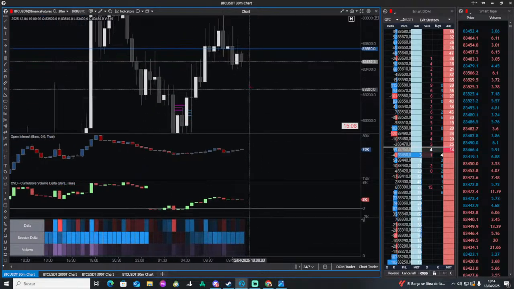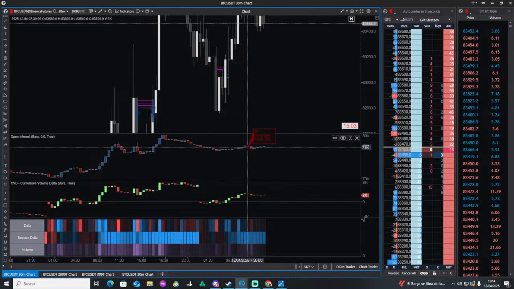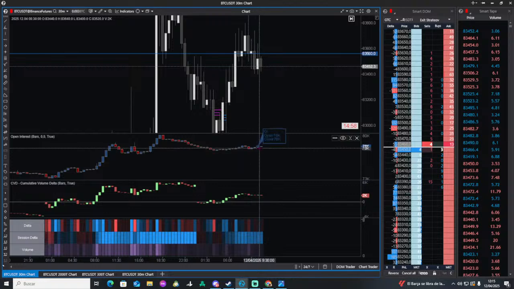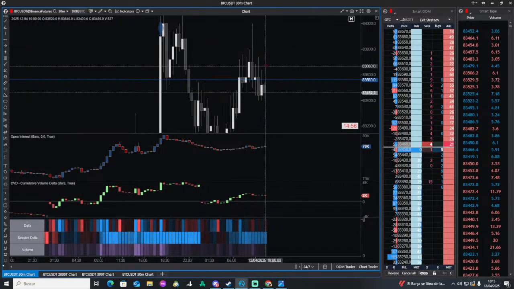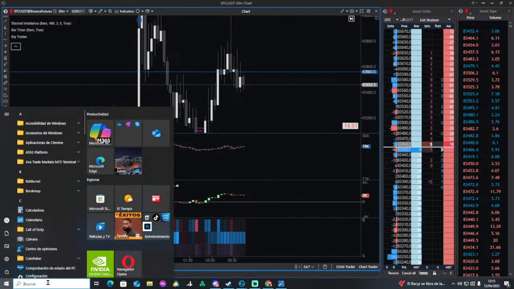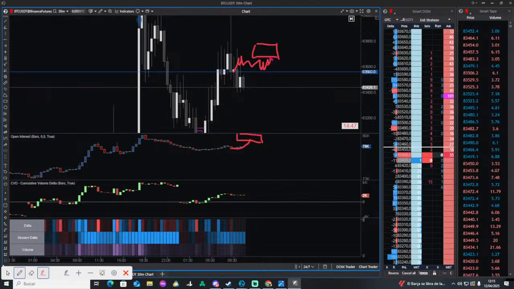You have longs opening on the bottom, you see longs closing here, and then there are new longs here because price starts to go up. If you have something like this, let me use my pen, and you start seeing price going up, accepting these prices, open interest increasing, new longs on the top, new longs opening here, price starts to absorb again here.